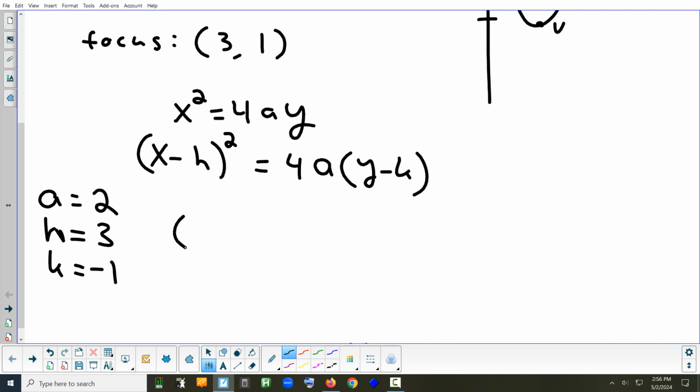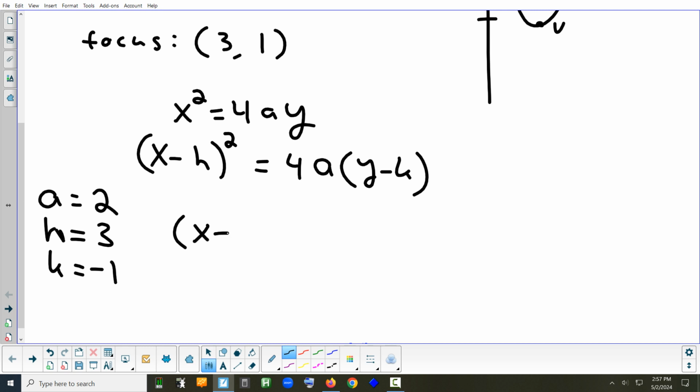So Bruce, what's going to be on the left side? The left side's going to have the... I don't know. How about Xavier? Do you know what's going to be on the left side? (x minus 3) squared.